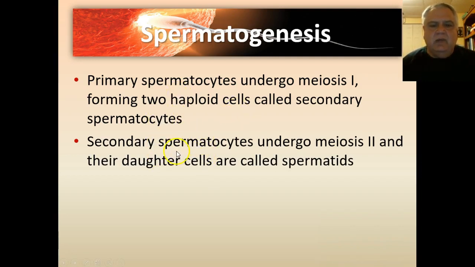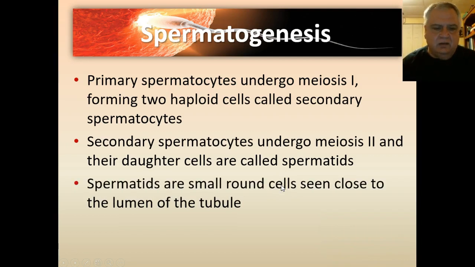The secondary spermatocytes then will undergo a second meiotic division, and their daughter cells are only going to have the n number of chromosomes. So the spermatocytes will have the 2n number of chromosomes, but the spermatids will only have the n number of chromosomes.